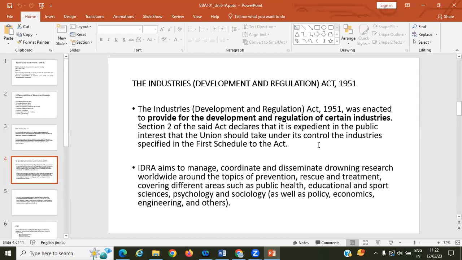Suppose in that organization you have recruitment, you have environment related matters.